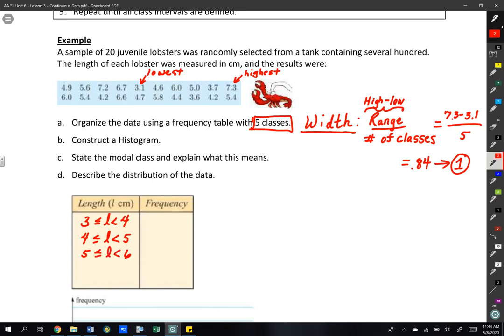We're going to start with 6. We're going to add 1. We're going to end with 7. We ended with 7, so we start with 7. All right, and we end 7 plus 1 is 8. So we said we were going to have 5 classes, and we have 5 classes.